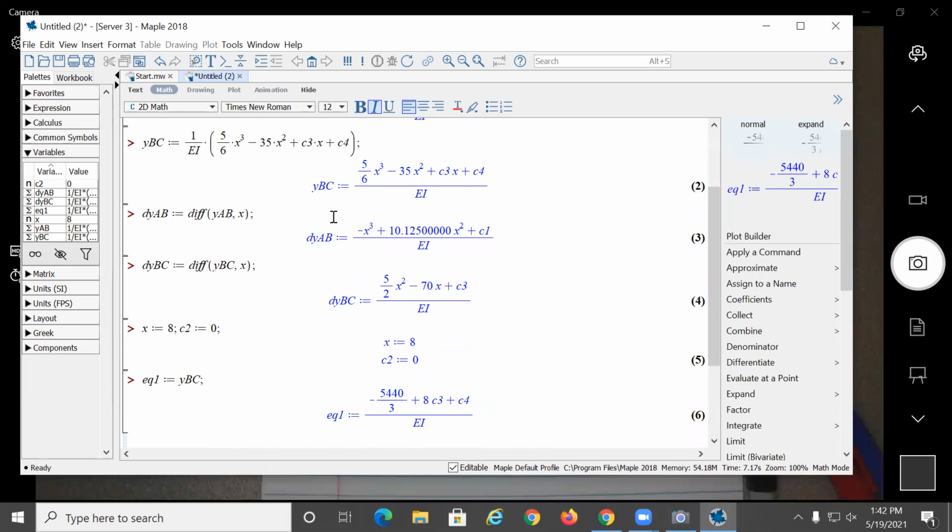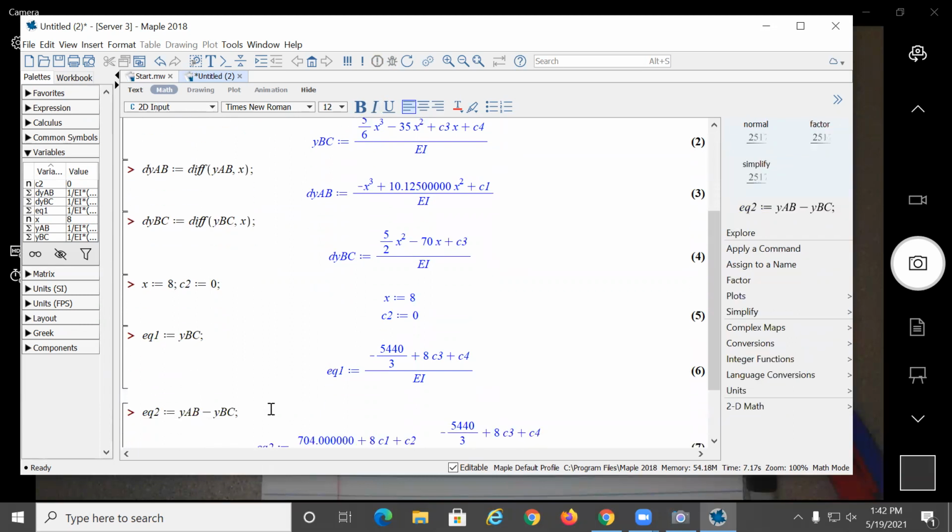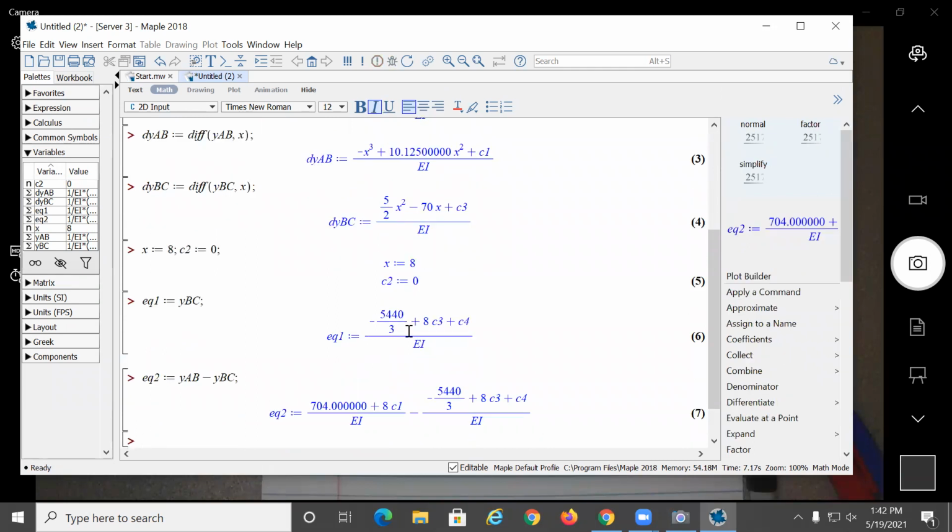All right, so what is the other equation? This one here gives us that equation, which is 1 over EI will be equal to 704 plus 8C1. Now maybe we need to be careful here because it's a minus.